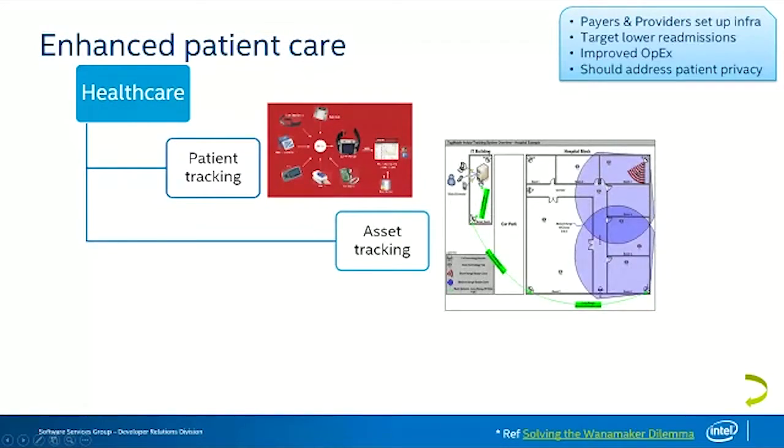Around asset tracking, oftentimes, patients that don't have a wheelchair, they can be escorted out of the hospital. So it's really important to track something as simple as, where is a wheelchair? And there are cases where lack of availability of wheelchairs can actually result in a patient staying overnight if the time is passed during the day for them to check out.